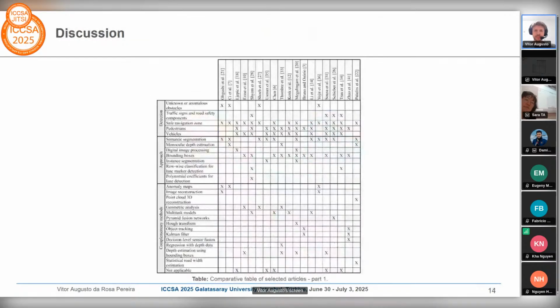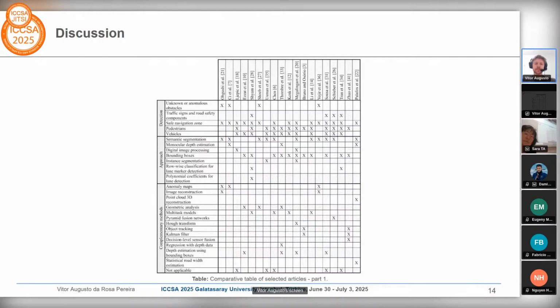So on the discussion, this table shows a comparison between the works, and it maps the specific kinds of detection, the main approach, the complementary methods of each paper. On the detection, we can see the tasks addressed by the authors, for example, the unknown obstacle detection, traffic signs and road safety components, safe navigation zone, pedestrians, vehicles.